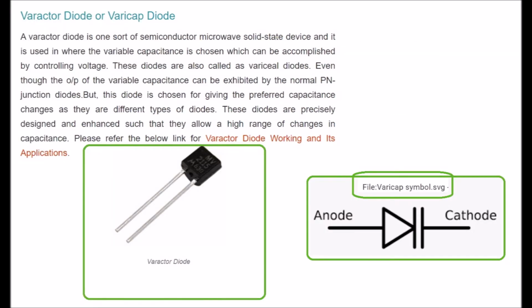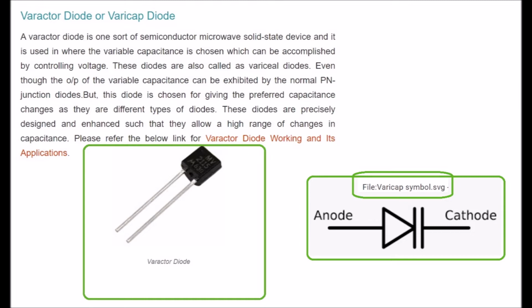A varicap diode, or varactor diode, variable capacitance diode, variable reactance diode, or tuning diode, is a type of diode designed to exploit the voltage-dependent capacitance of a reverse-biased p-n junction. Varactors are used as voltage-controlled capacitors.